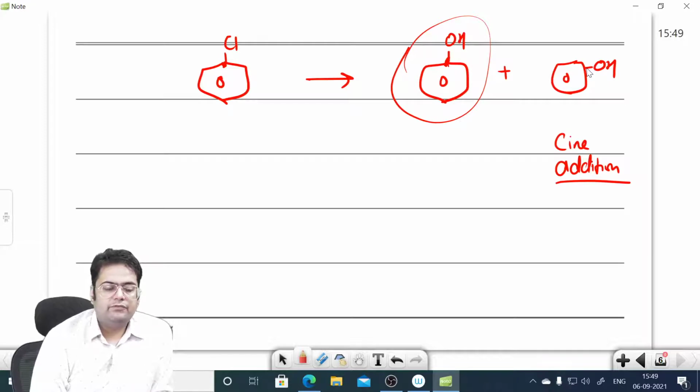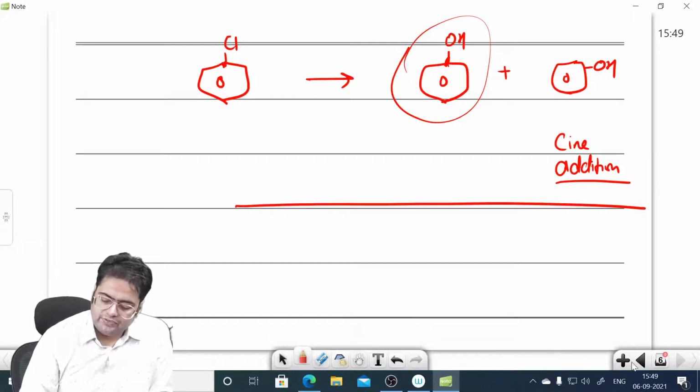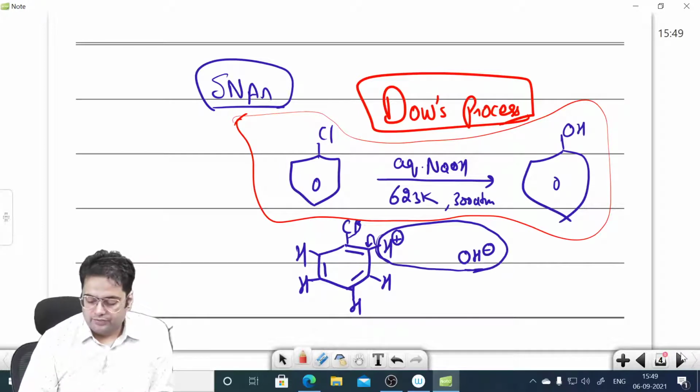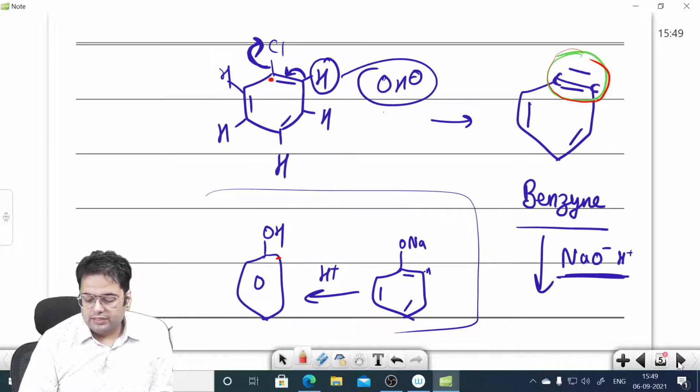So let me tell you, if you really want to understand the concepts, then you have to be ready with these sorts of things. So this is a pretty easy explanation of Dow's process, what Dow's process actually is, and how it can be considered an aromatic substitution reaction. And this is sine addition, and this is the benzyne mechanism.